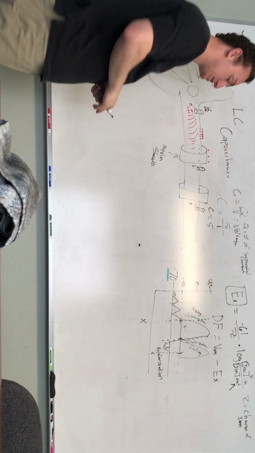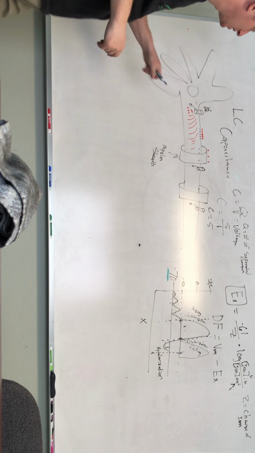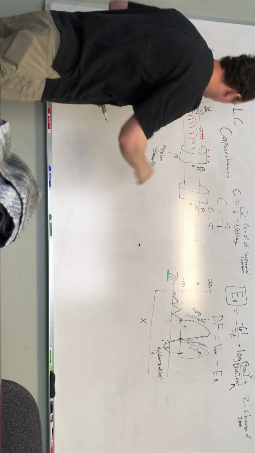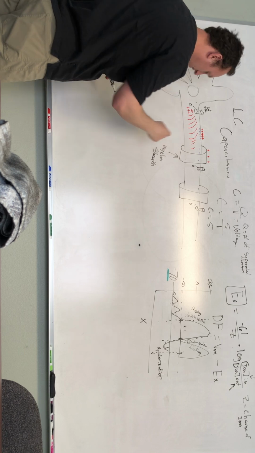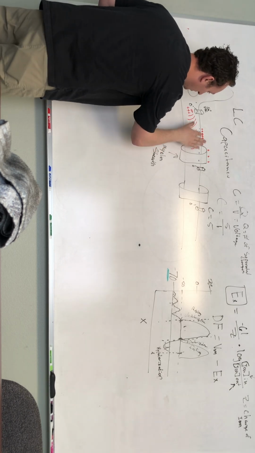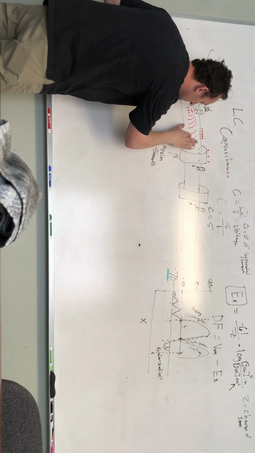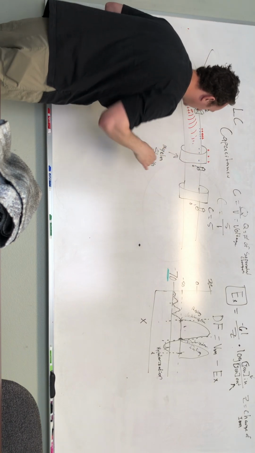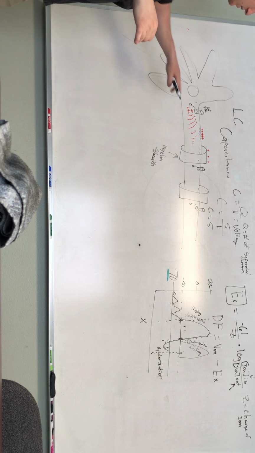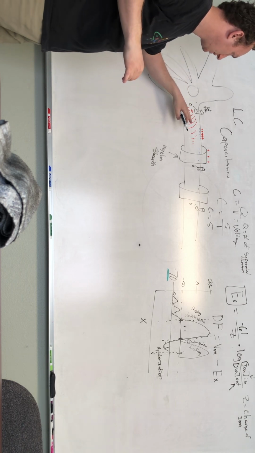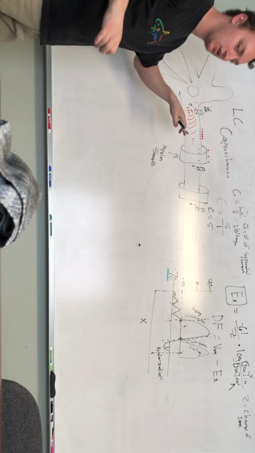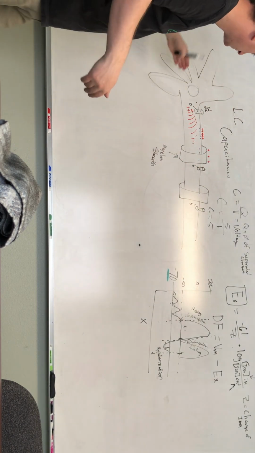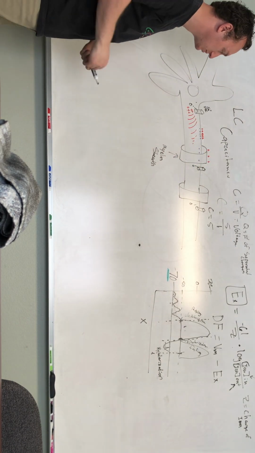That's a high capacitance. The higher the capacitance, the harder it is for your signal to propagate down because you have all these negative charges. These negative charges are going to take up some of this signal until you don't have any signal left. And the fewer negative charges you have, the less capacitance you have, the further the signal is going to be able to go.